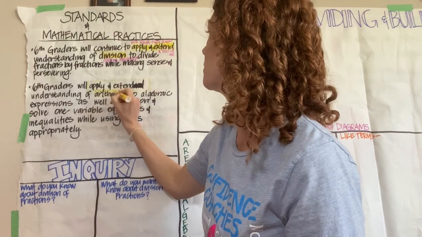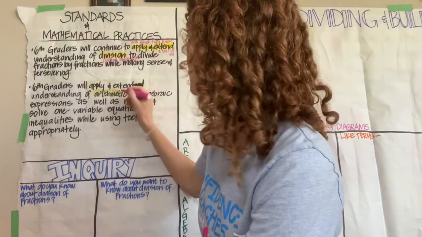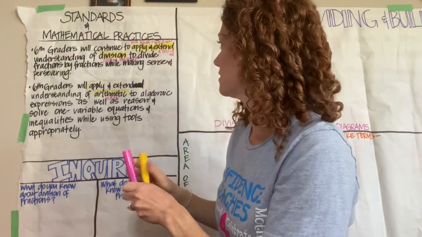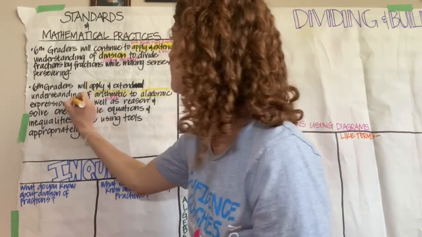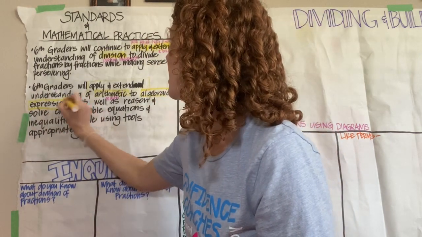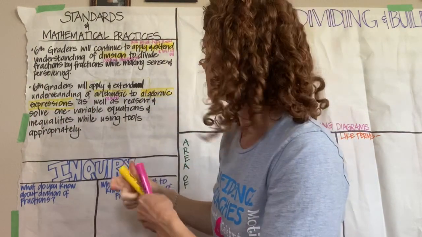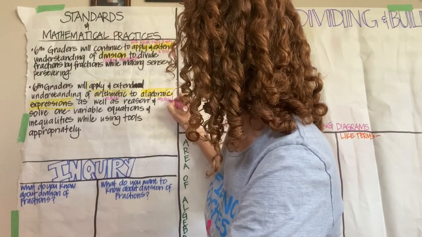Algebra, some of you have told me before, algebra means that there's a variable involved. So this is math. Let's see, we've got our algebraic expressions that have variables in them. I'm going to say includes variables in our expressions.